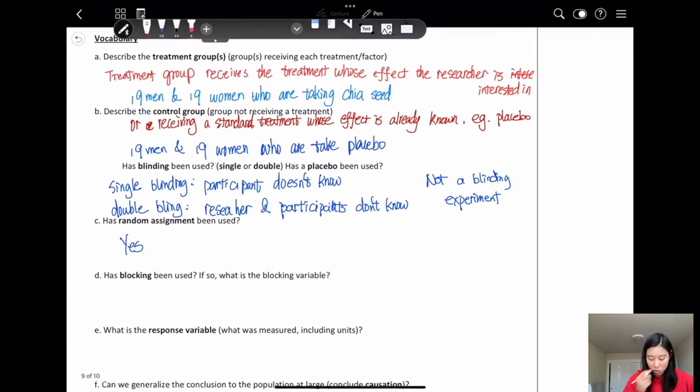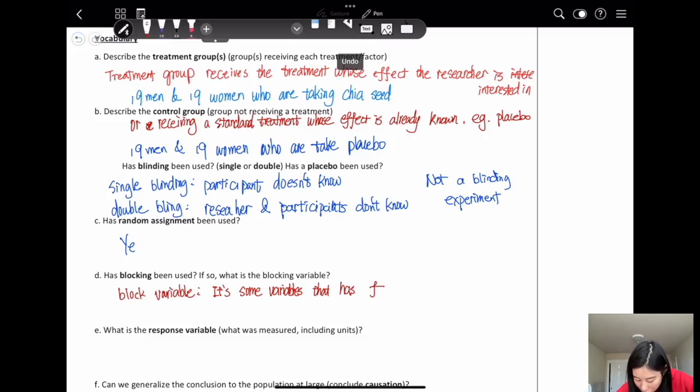Let me write it down. What is a blocking variable? The definition of a blocking variable is some variables that have an effect on the experiment's outcome.